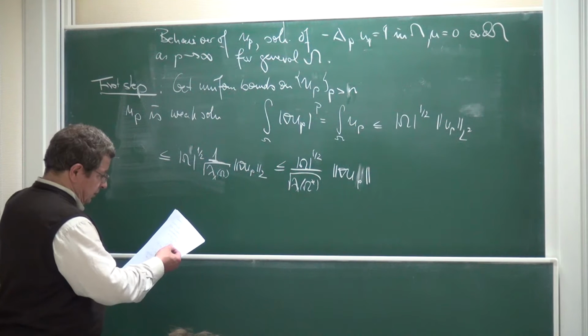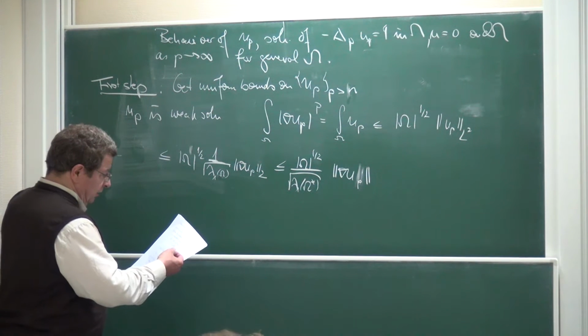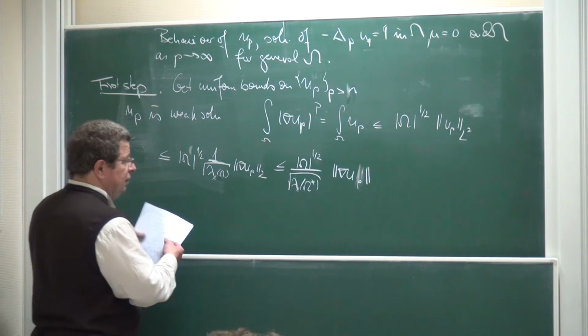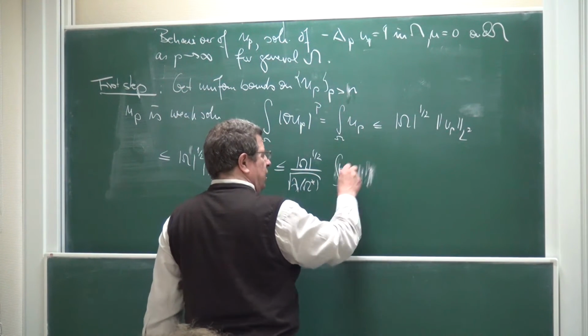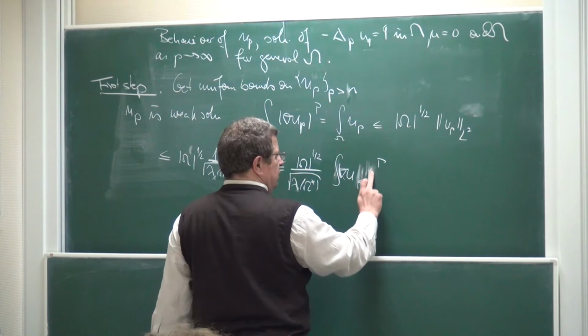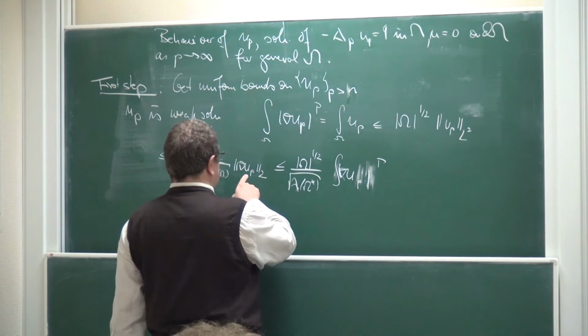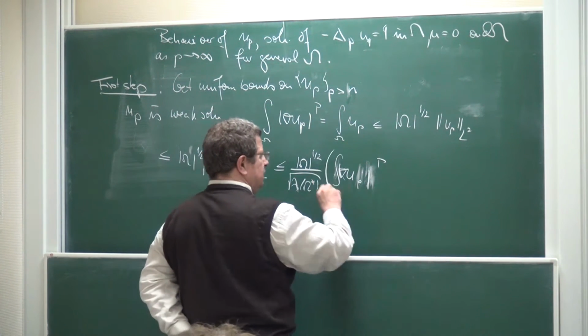And now I try to estimate this by the gradient of u_p to the power p. Here I have the gradient of u_p to the power square.